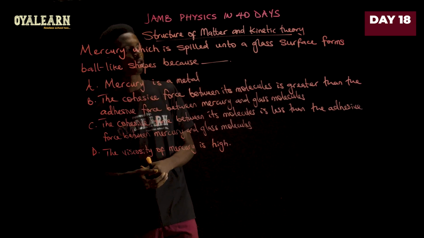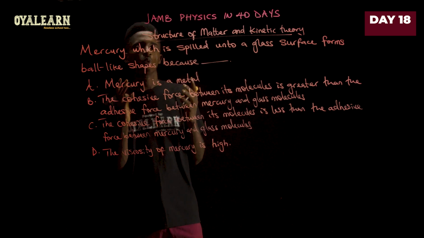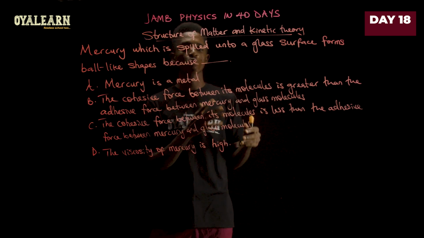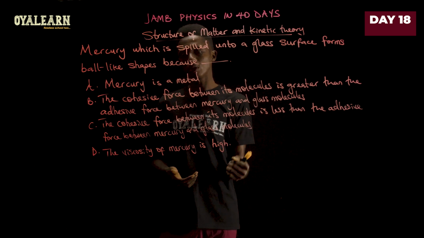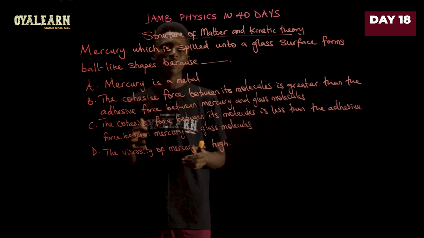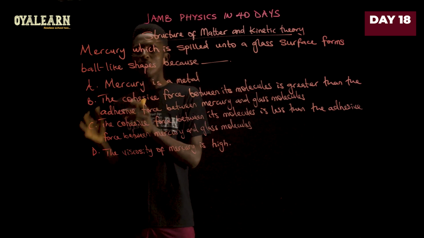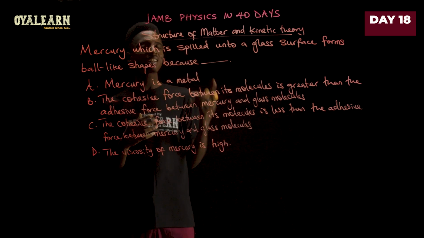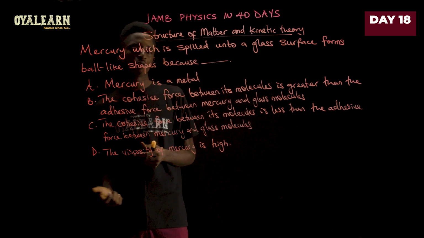Mercury, which is spilled onto a glass surface, forms ball-like shapes. Because now when you spill mercury onto a clean glass and do the same thing with water onto a different clean glass, what we will see is that the water will stick to the glass while the mercury will form a ball-like shape on the clean glass. Now, it's due to this reason. In the case of mercury, the cohesive force between the molecules of mercury is greater than the adhesive force between the molecules of mercury and the molecules of the glass.